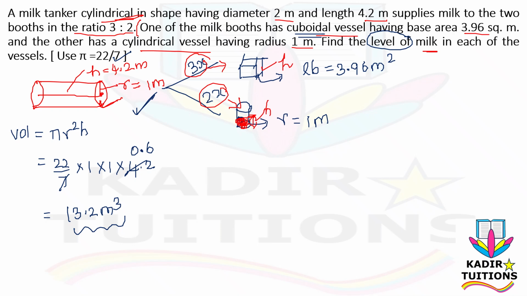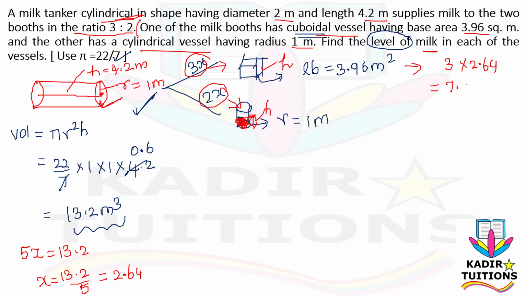So totally there are 5 portions, right? So I can make it 5x equal to 13.2. Then x equals 13.2 divided by 5. If we cancel, we will get 2.64 for the value of x. Then for booth 1, how much milk has been supplied? 3 into 2.64, which is 7.92 meter cube.